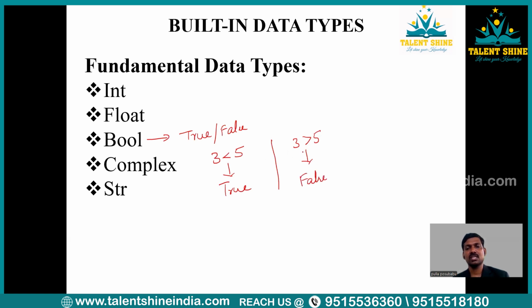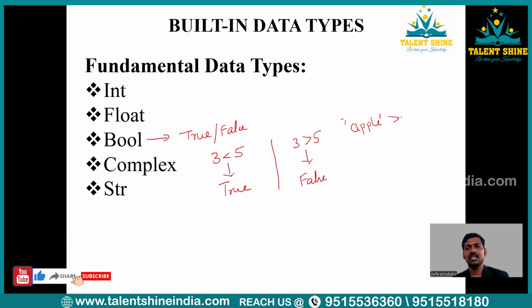So I hope everybody is clear. Whenever you are going to check any condition, it returns either true or false. Even you could compare strings as well. If I have taken one string here, apple, right?